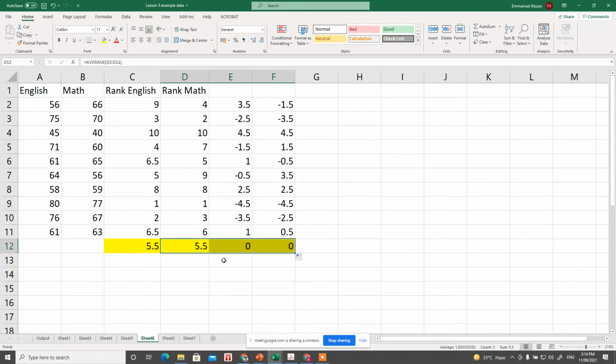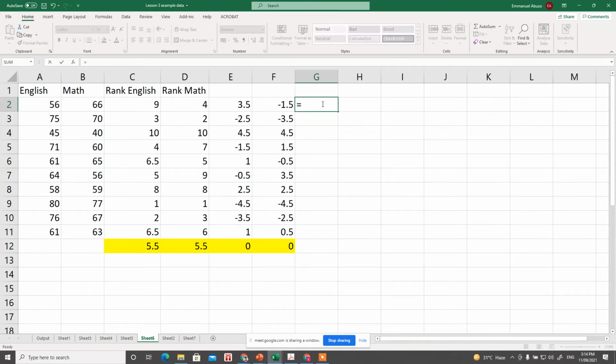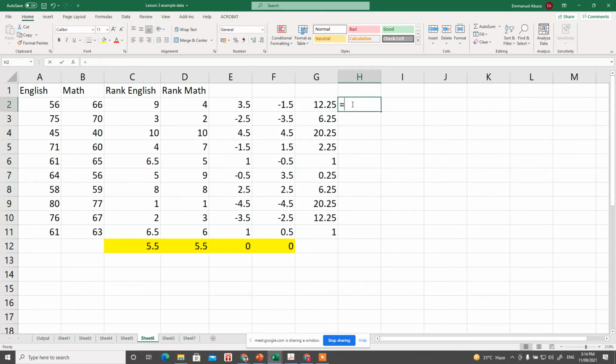Not yet. The sum is 0 because the total deviation is equal to 0 if we are not going to square. So let's square this one first, and then this one squared. Enter.